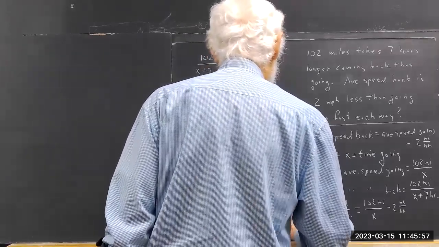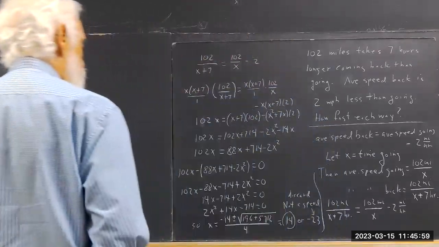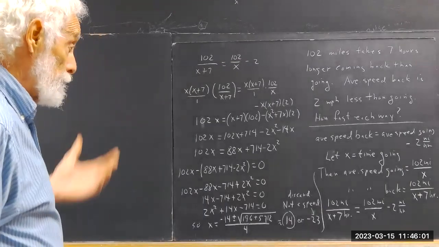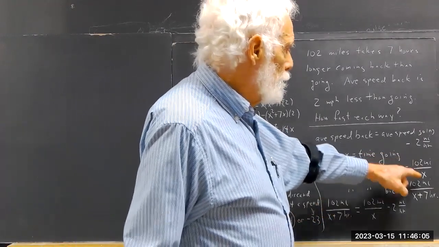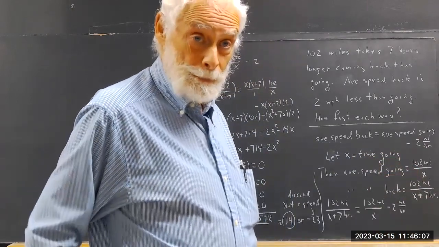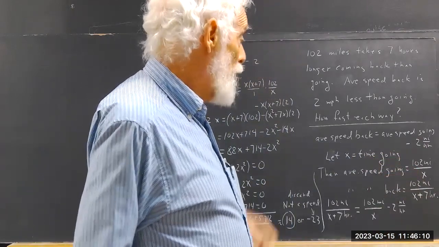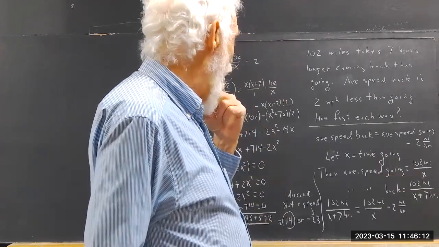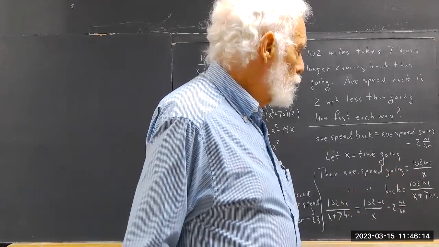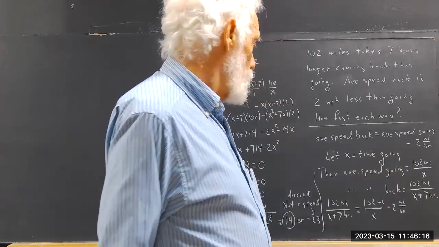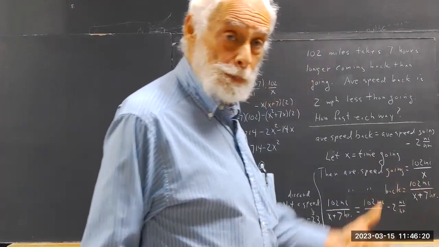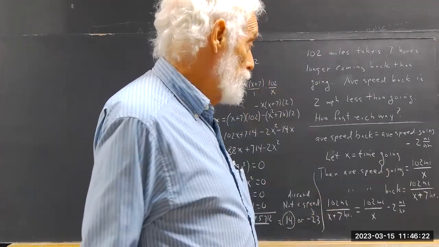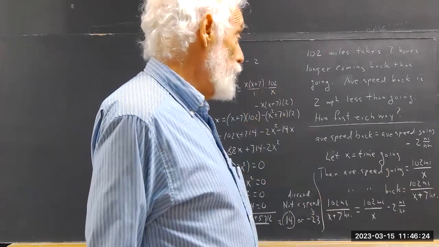Okay, but we have this. Now we can check it. 102 over 14 is a little more than 7. 102 over 21, 14 plus 7 is 21. 102 over 21 is a little less than 5.